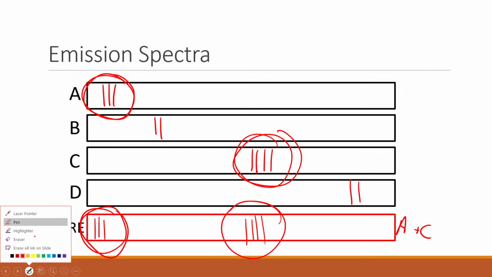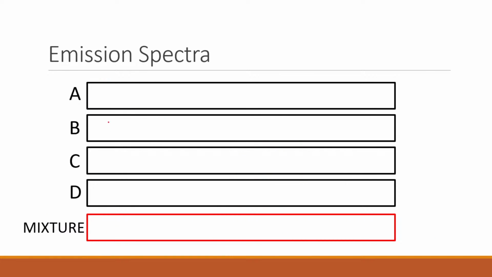Right? It can get a little bit trickier. What if we have, sorry, what do we got here? 1, 2, 3, 4, 5, 6.